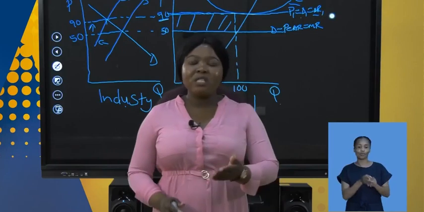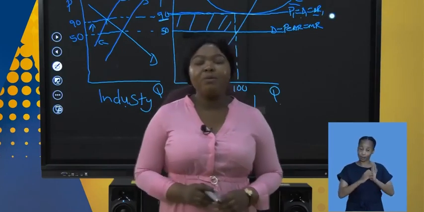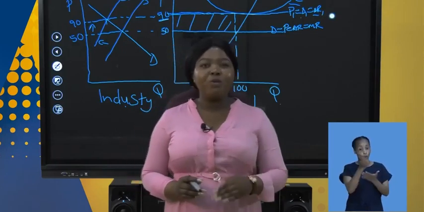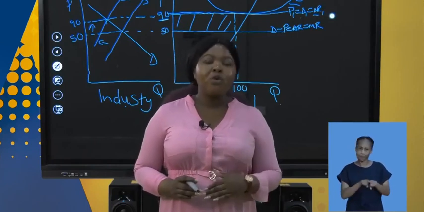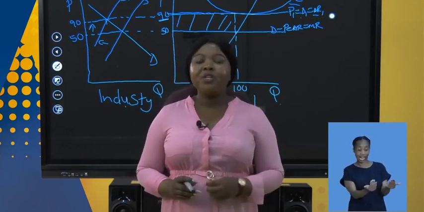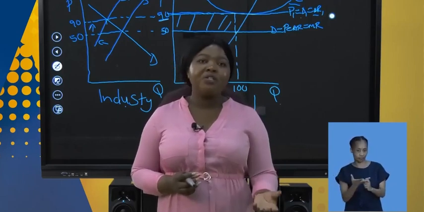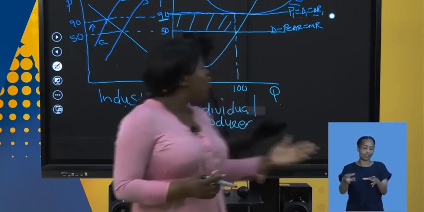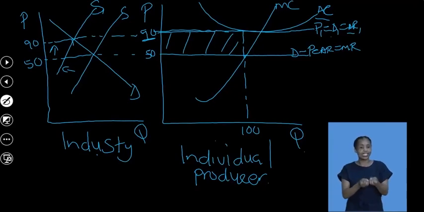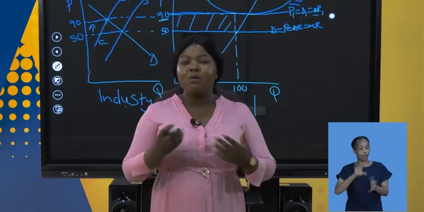Boys and girls, the opposite is also true. If we had started by experiencing economic profits, the same was going to happen. Economic profits were going to attract new entrants into the industry, because there are no barriers to entry and exit. As more and more of them enter the market, our supply was going to shift from S probably to S2, until eventually this perfect competitor is experiencing normal profit.